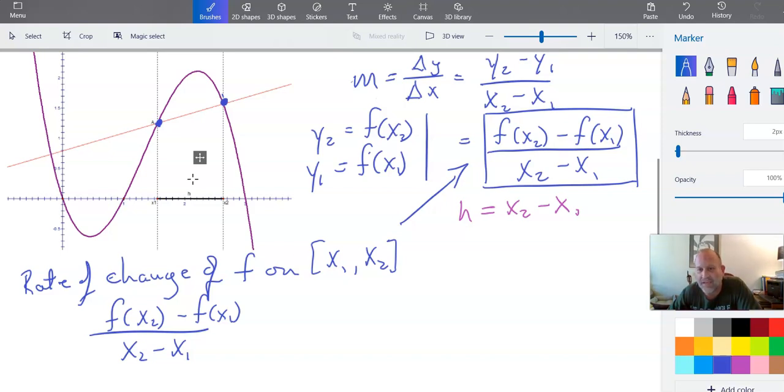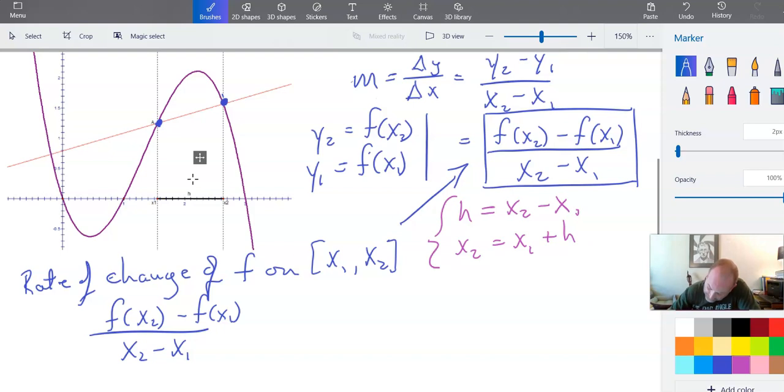But the other thing is I can now, if I add x1 to the other side, I have that x2 is equal to x1 plus h. So we can actually rewrite our entire formula using these two things.